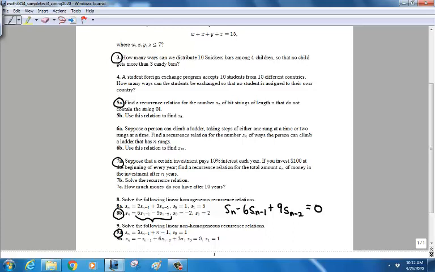So you have s of n minus 6 times s of n minus 1 plus 7 s of n minus 2 equals 0. And then from this, right, you can derive what's called the characteristic equation, which would be x squared minus 6x plus 9 is equal to 0. And it's that characteristic equation that's really the key to solving the recurrence relation.